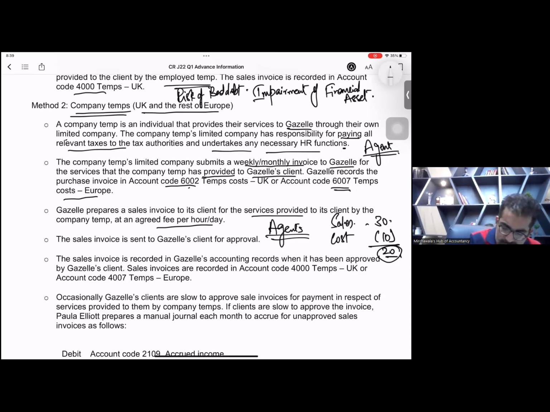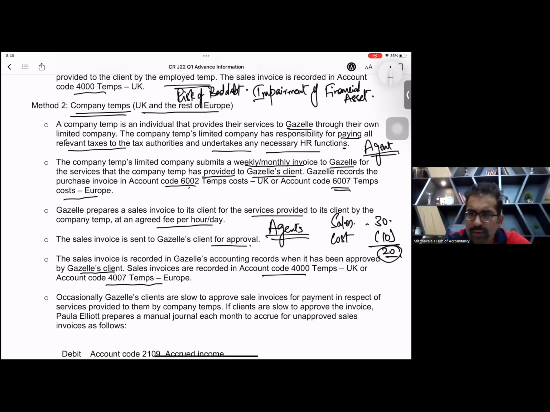The sales invoice is sent to ICAEW's client for approval. The sales invoice is recorded in ICAEW's accounting records when it has been approved by ICAEW's client. Sales invoices are recorded in account 4000 for TEM and 4007 for Europe. Now, again, this is the risk. This is a normal risk that first they are sent for approval.